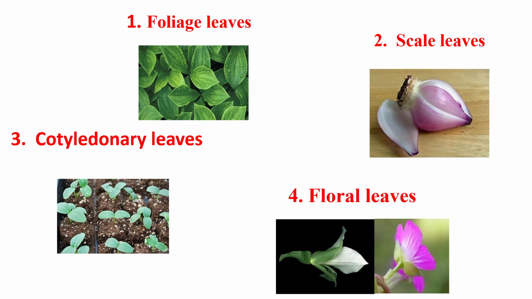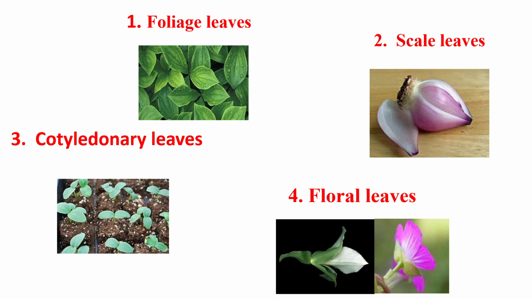Plants also produce four kinds of leaves: foliage leaves, scale leaves, cotyledonary leaves, and floral leaves. Foliage leaves are green leaves. They manufacture the food material for the plant, so they are called green factories. In onion, scale leaves become fleshy and store food material, and they are found on the underground stem.